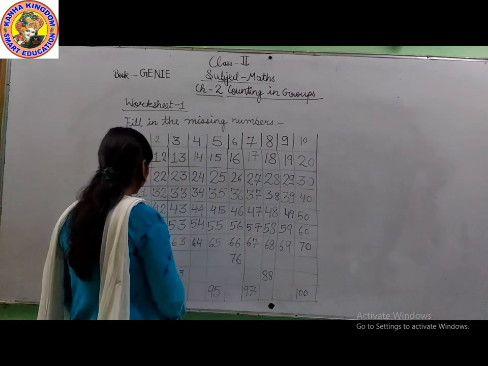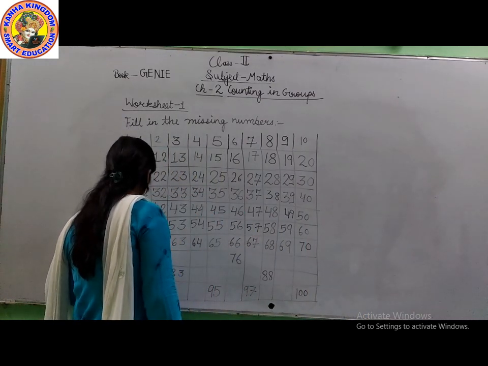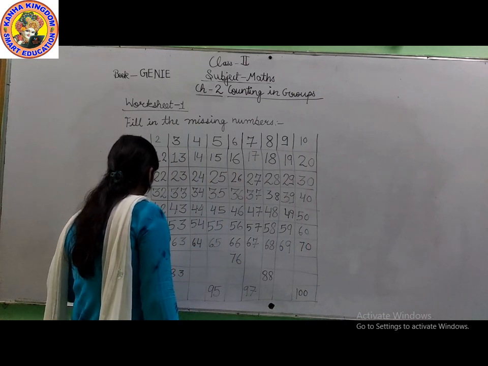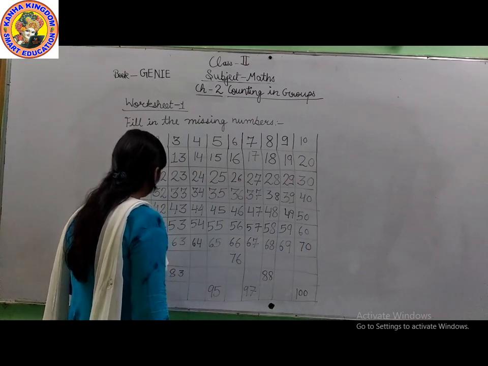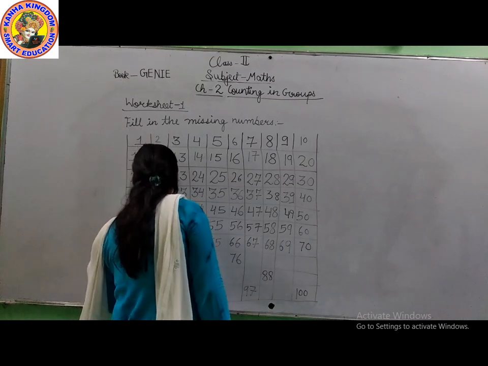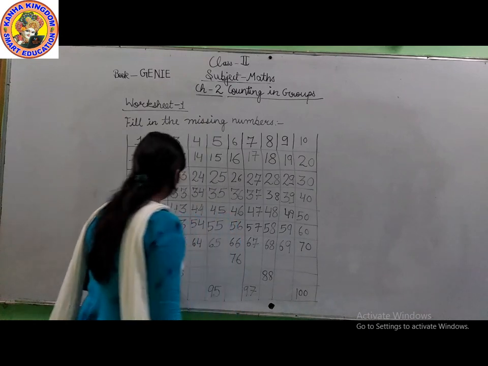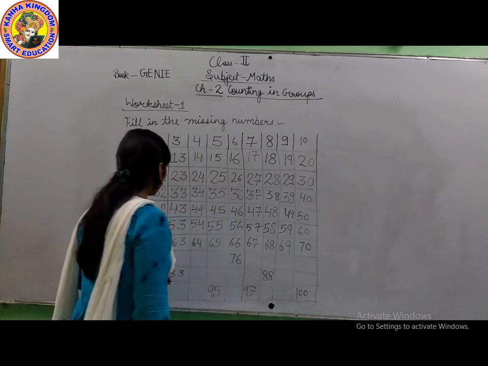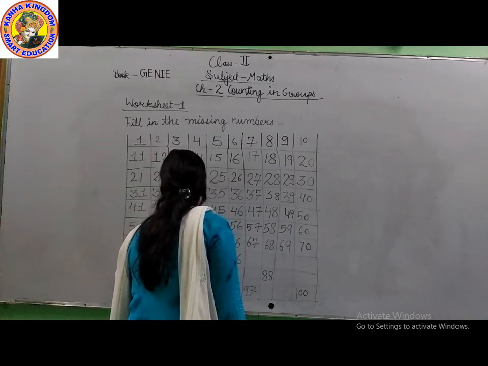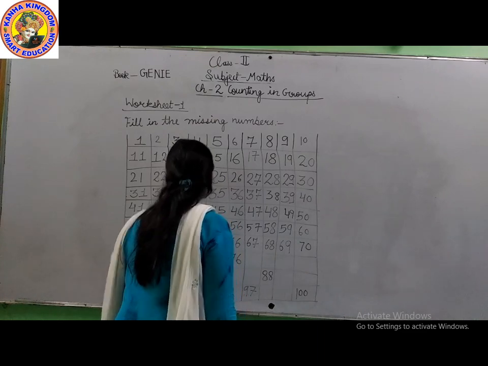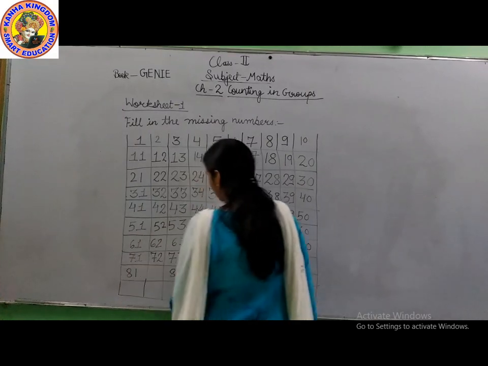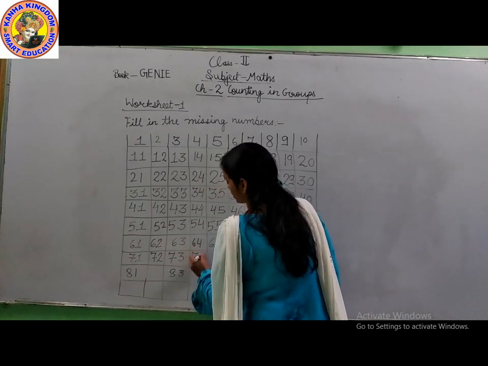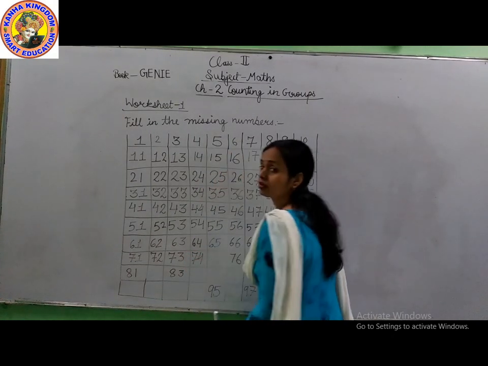Now, what comes after 70? 71. Now, what comes after 71? 72. Now, what comes after 72? 73. Okay. Now, what comes after 73? 74.